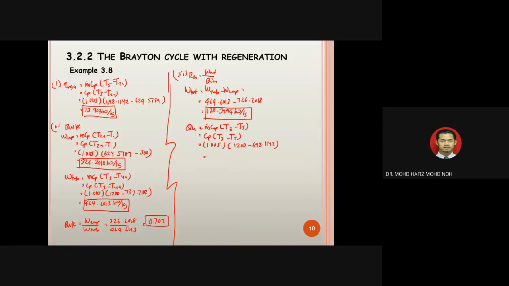Then you get the value of Q in, which is 504.3952 kilojoule per kg.